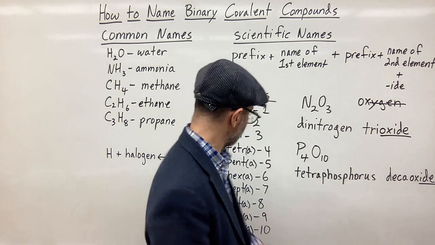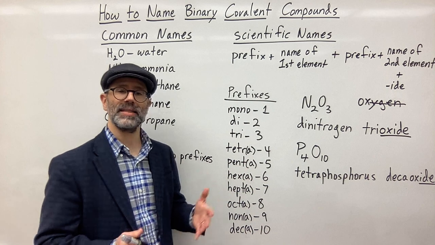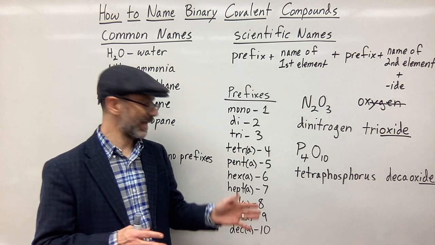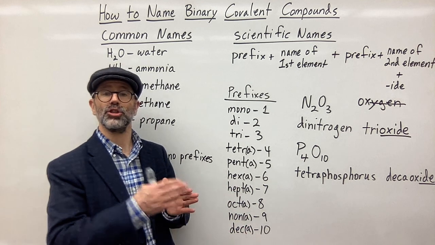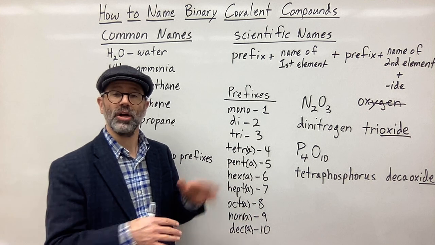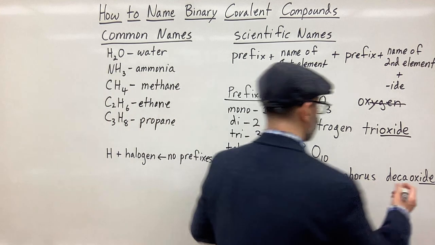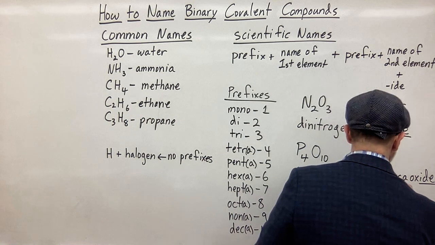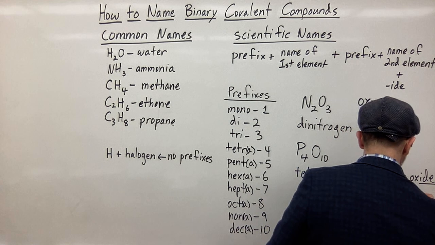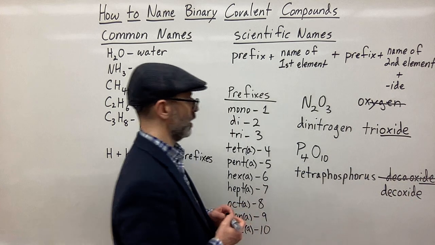I got to drop the A. That's why the A here is in parentheses. That means that A is going to be there sometimes or not. If the A ends up next to a consonant, then you keep it. If it ends up next to a vowel, you're going to drop it. Keep the second vowel. So in this case, we would drop the A and write dec oxide. So it's not deca oxide, but dec oxide would be the right way.